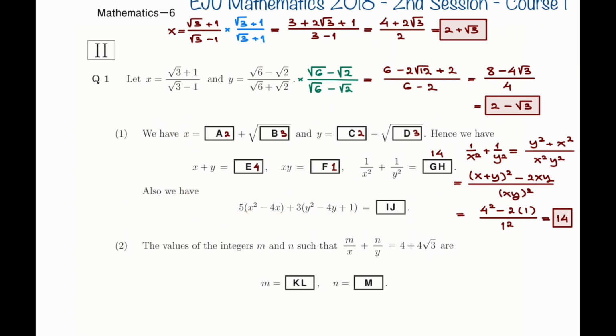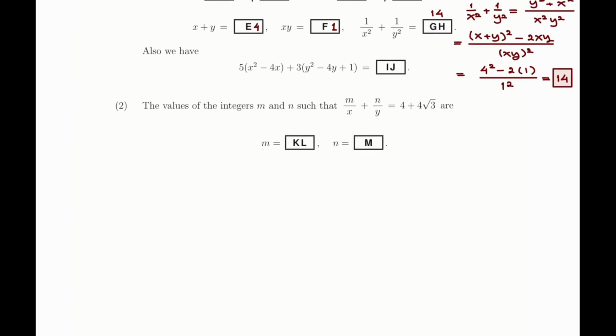Or I can do a little bit of manipulation so that our calculation is not too complicated. As you can see here, you have x squared minus 4x. I can manipulate it into (x minus 2) squared minus 4.